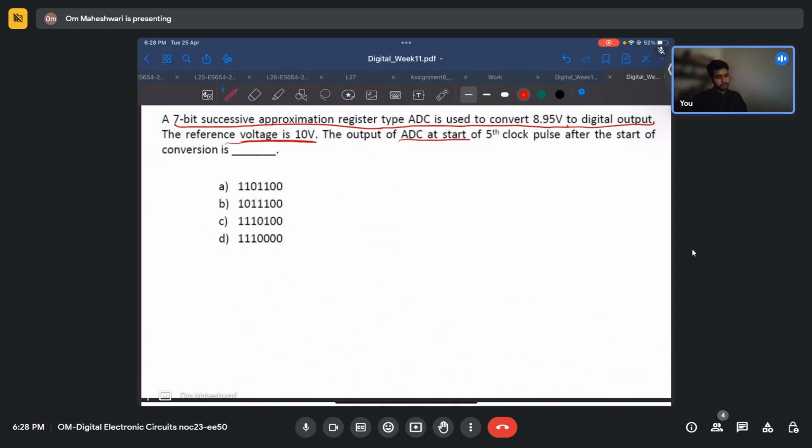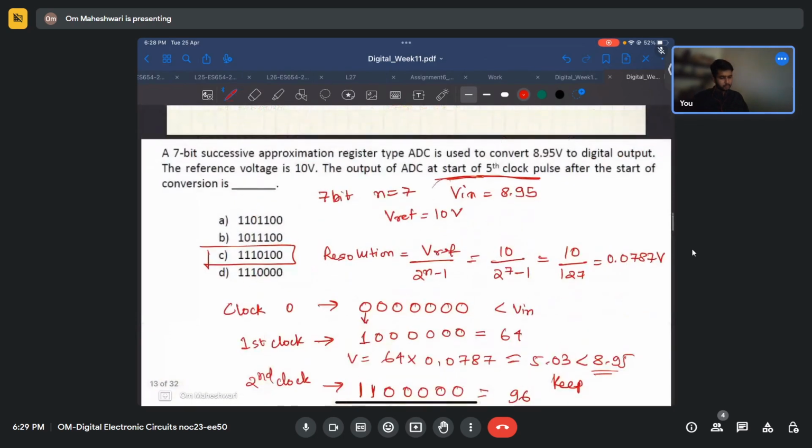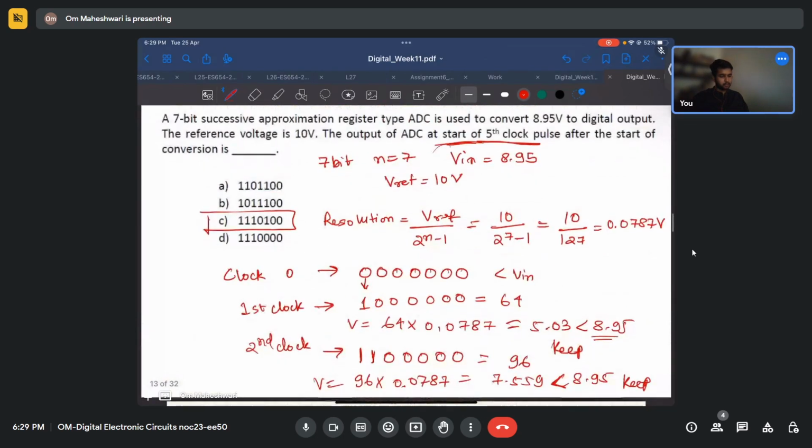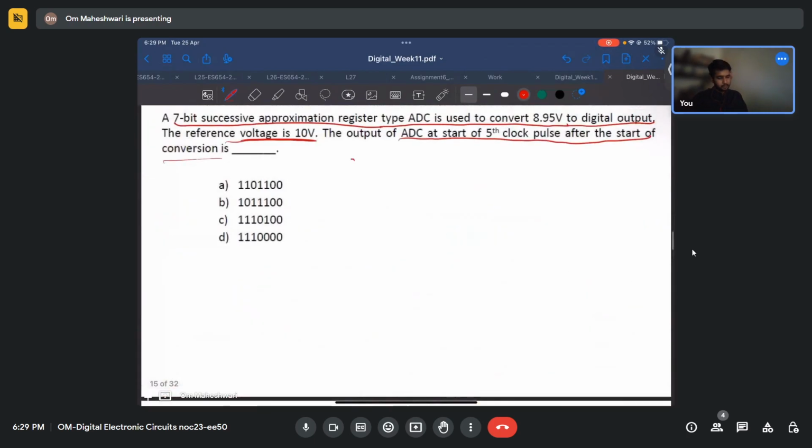The output of ADC can start at the 5th clock pulse at the start of conversion. Okay. So what happens in a successive approximation type? We also call it SAR ADC. What happens is you approximate in each clock cycle, until you are close to what you want.